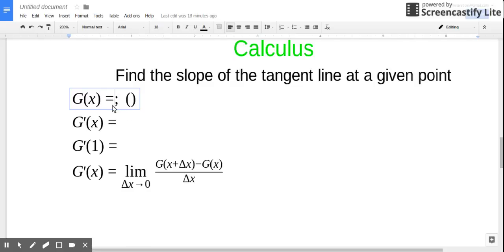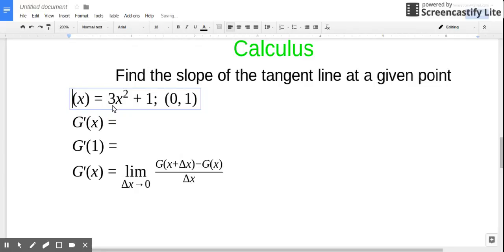Alright, in this problem here, we're going to have 3x squared plus 1. So let's go ahead and write that in. 3x squared plus 1. And we're going to be at the point 0, 1. Of course, we'll look at the graph here in just a second so you can get an idea what the picture is. And you know what?